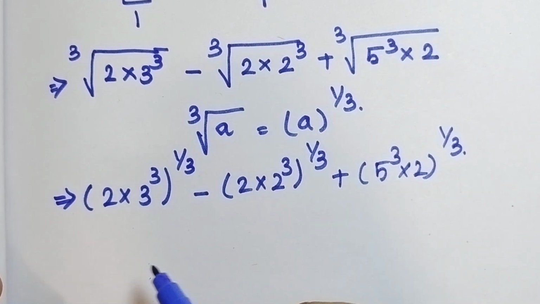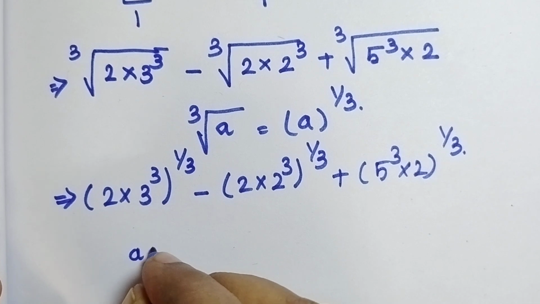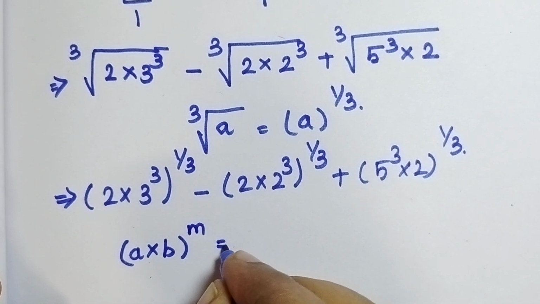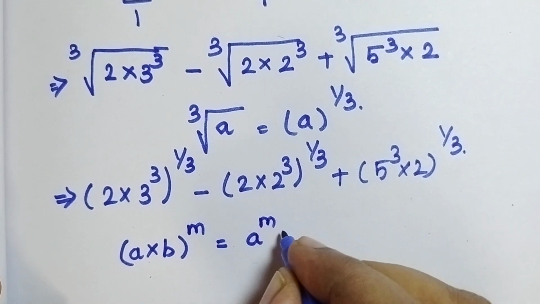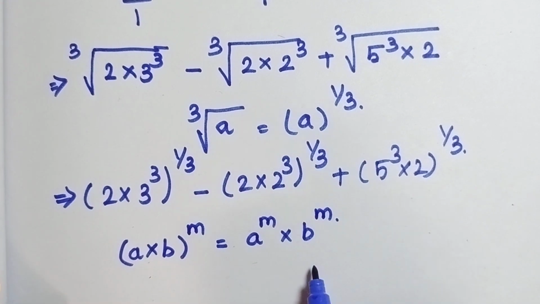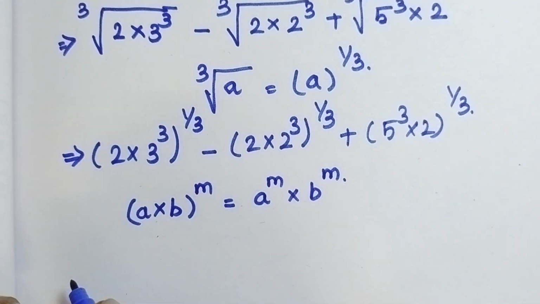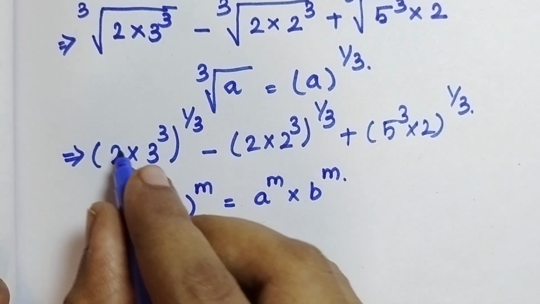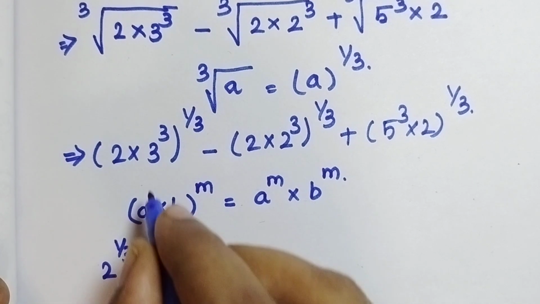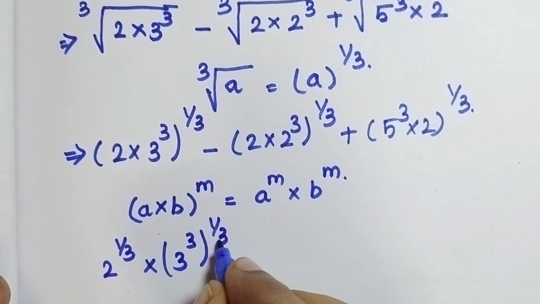Now this is in the format of a into b, the whole power m, which can be written as a power m into b power m. Just apply this rule to each term. Therefore, this becomes 2 power 1 by 3 into 3 cube the whole power 1 by 3.